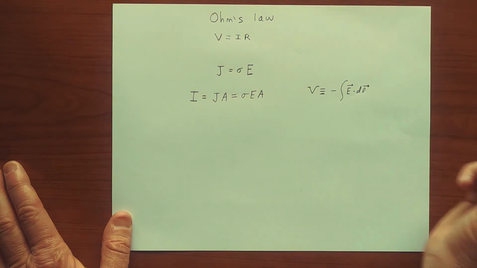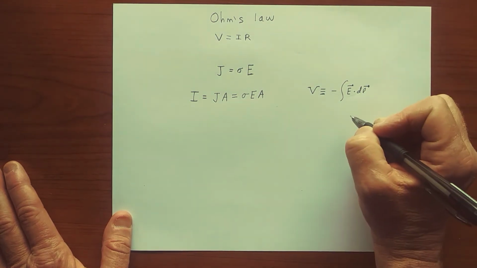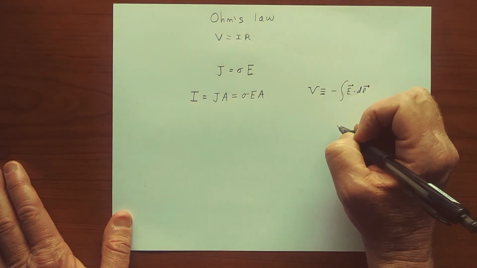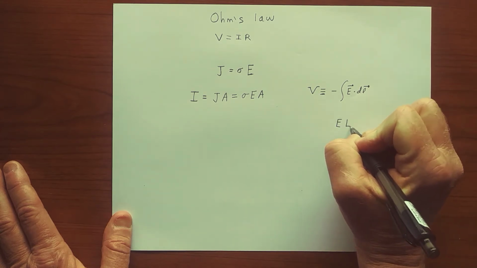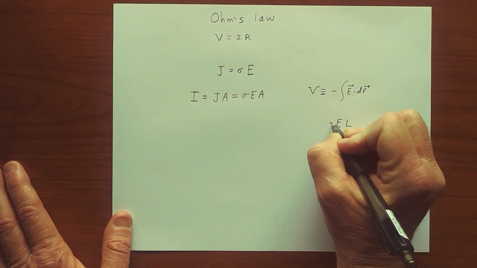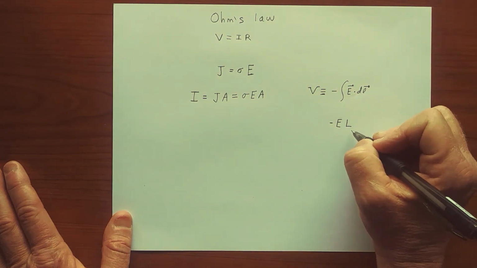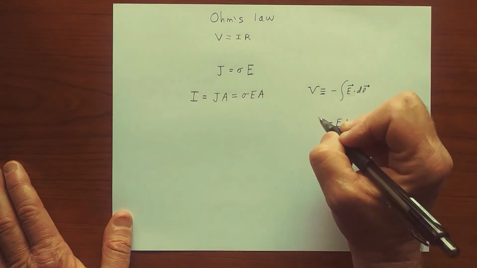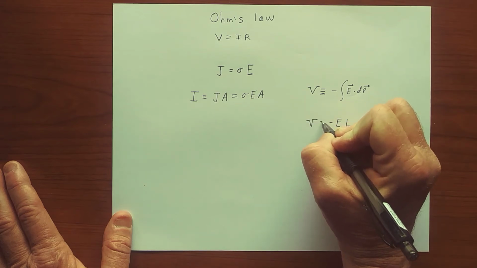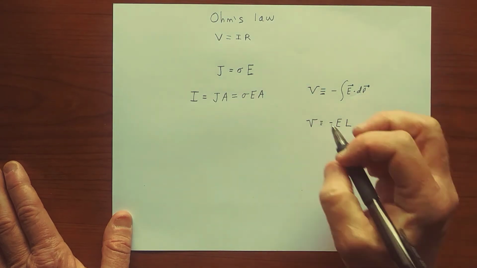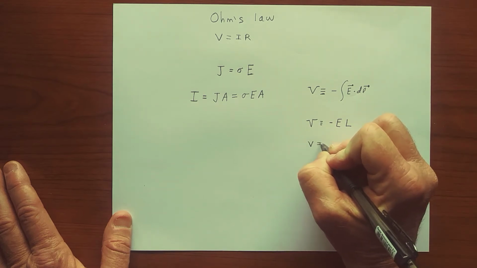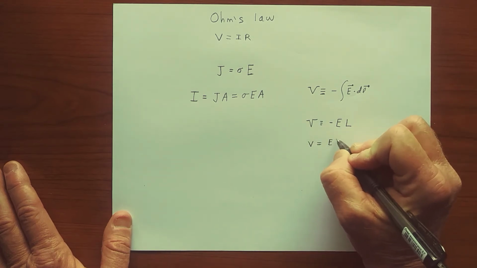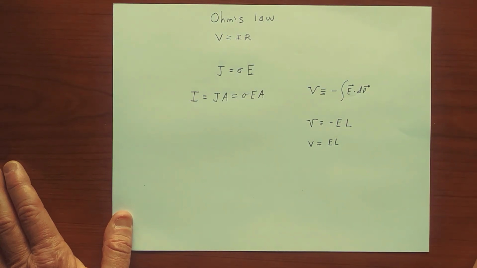But in magnitude, so if the electric field is a constant, then we get electric field times a length here, and then of course we have to evaluate it over a length, and let's say we get L, and the electric potential is minus E times L, but in magnitude, we call this the voltage. Right? So the magnitude of this quantity is just E times L, and that's the voltage.